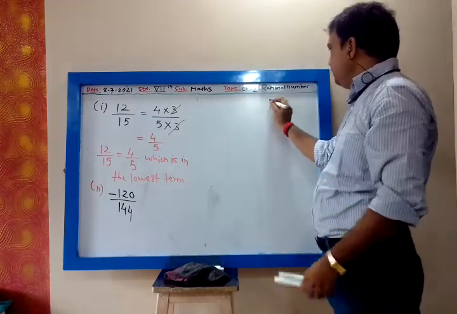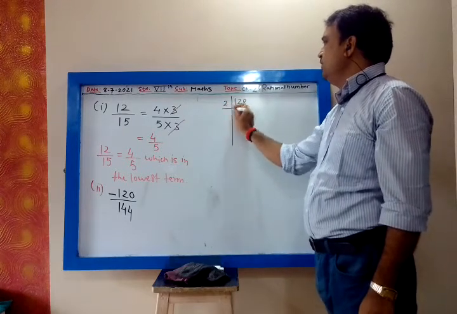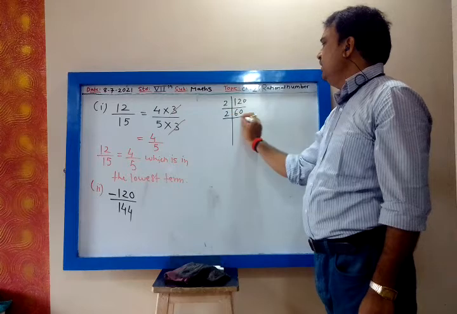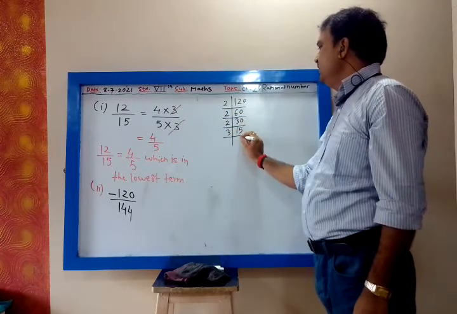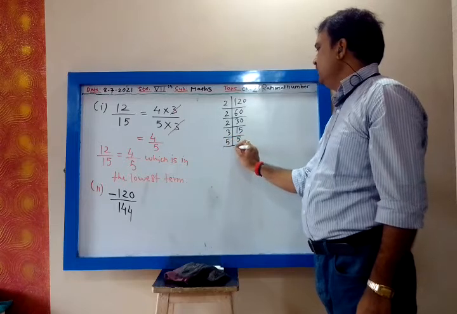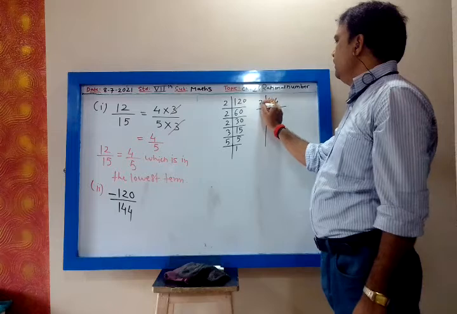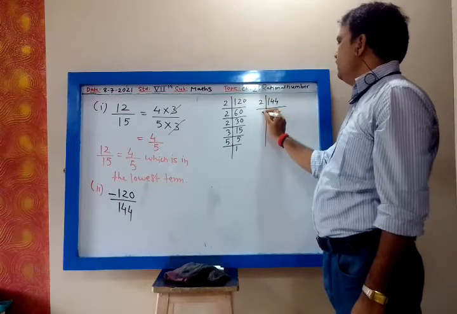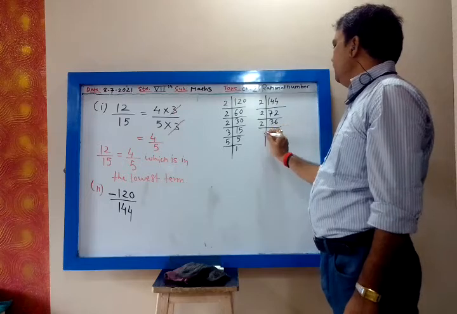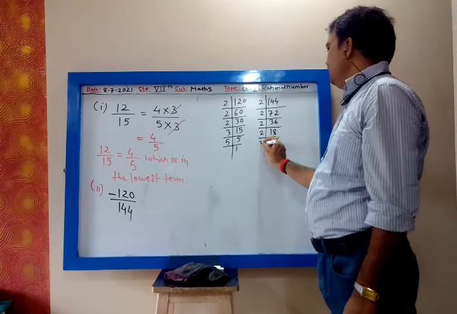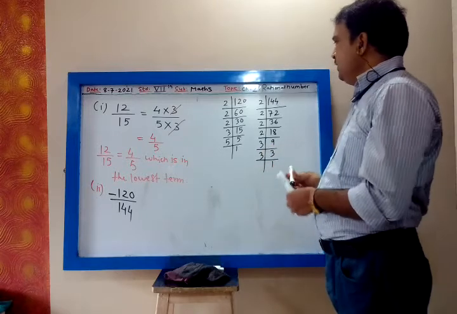If you know directly, then no problem. 120: 2 60s, 2 30s, 2 15s, 3 5s are 15, 5 1s are 5. Then 144: 2 72s, 2 36s, 2 18s, 2 9s, 3 3s are 9, 3 1s are 3. You can cancel the common terms.